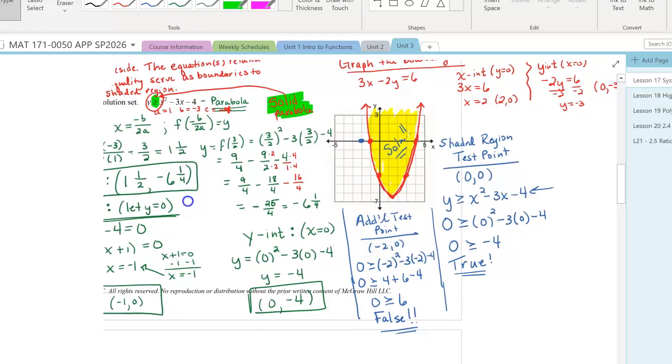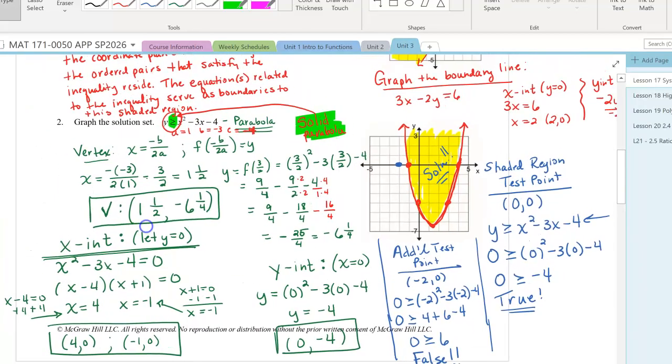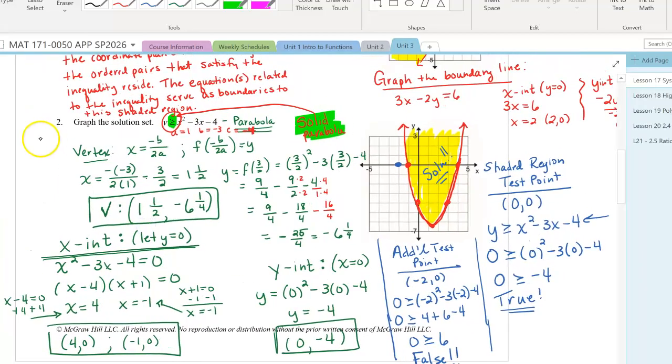So just to reiterate, to graph a single inequality in two variables, you're going to plot the graph that goes with the equation. And I'm sorry, I did skip that step. What I was doing here was graphing the equation y equals x squared minus 3x minus 4.